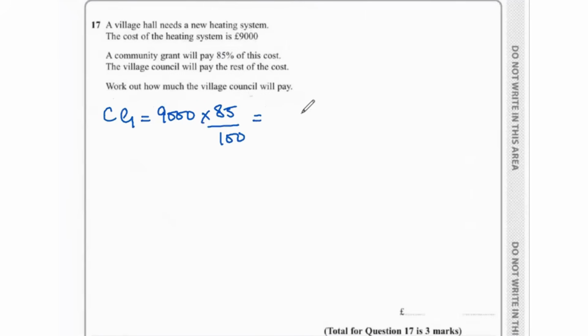That equals £7,650. The village council will pay the rest. So if we subtract 7,650 from 9,000, that gives us the remaining cost, which is £1,350. So that is the cost that the village council will pay.